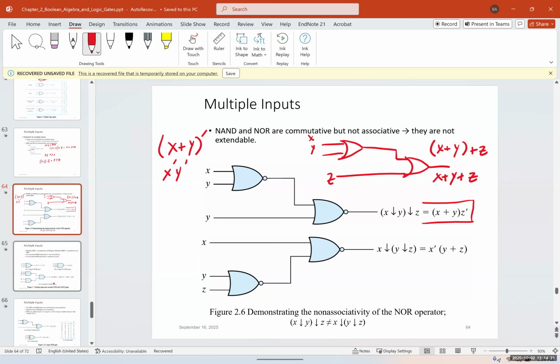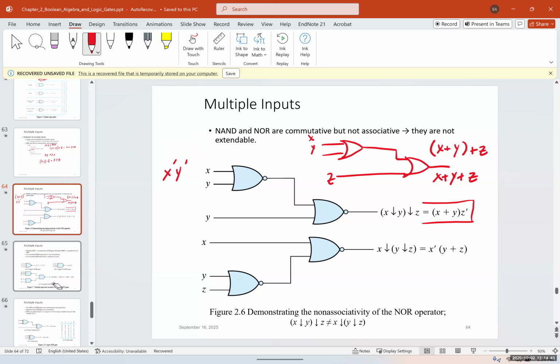And when you simplify it, you get to this. And if we NOR X with Y NOR with Z, we're going to have X' and with Y plus Z, Y OR with Z.